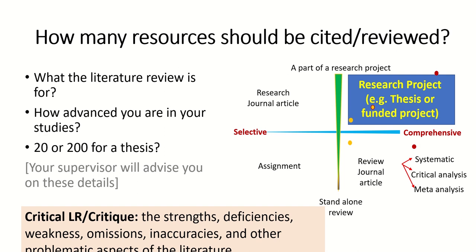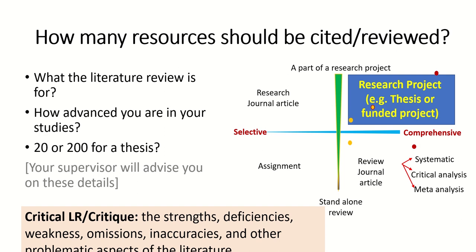And a common method to review papers is critical literature review. In a critical literature review, you review different articles and examine them and show how good they are, or negative aspects of that specific work, deficiencies, weakness, or omissions, inaccuracies, or any issues relevant to that specific paper or a group of papers.